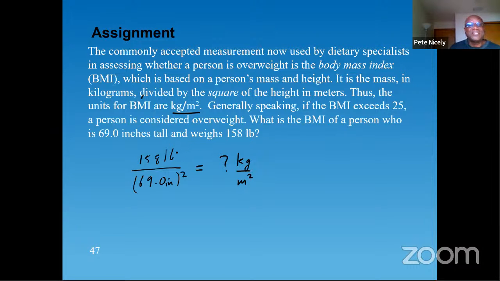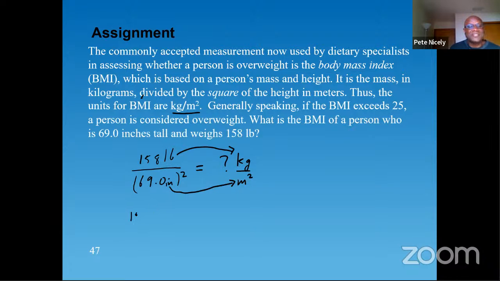Well, what we can do is find a way of converting from pounds to kilograms and from inches squared to meters squared. So we have to multiply by conversion factors, and we're going to need at least 2, so that we can convert the value expressed in pounds per inch squared to kilograms per meter squared.